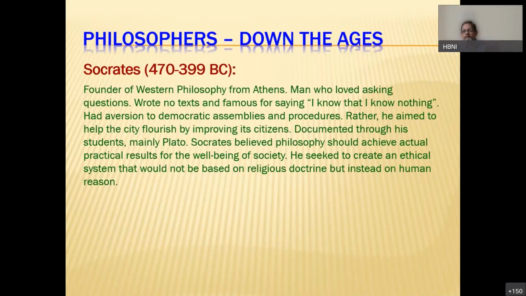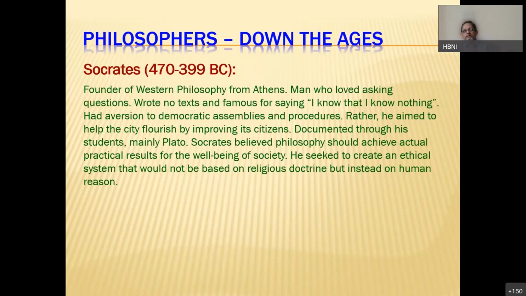He was also very famous for saying this quote, that I know nothing. And this was a person who never wrote anything. He just used to ask questions and discuss with people, and his sole intention was to improve the standards of living of people by asking questions and improving their knowledge.